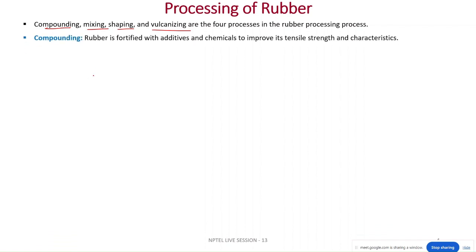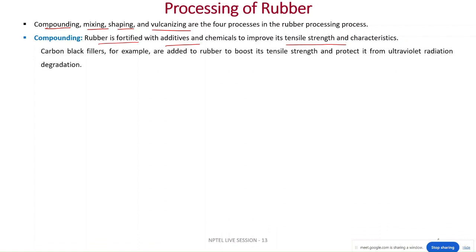Coming into details, compounding is where the rubber is fortified with additives and chemicals to improve its tensile strength and other characteristics.